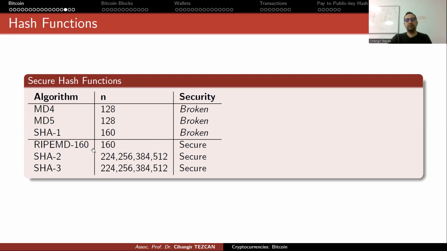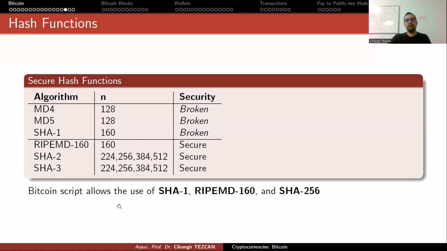This is why Bitcoin uses this algorithm, because hashing is used to compress the public key of users. So this way we have shorter addresses. But we also have other secure algorithms, SHA-2 and 3. SHA-2 is extensively used in Bitcoin, and SHA-3 is used in Ethereum.